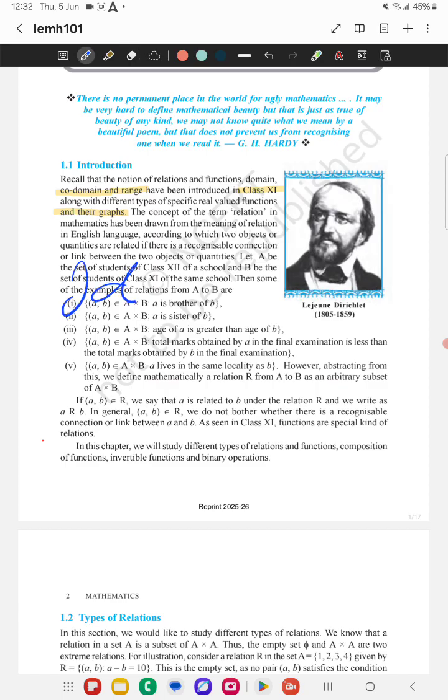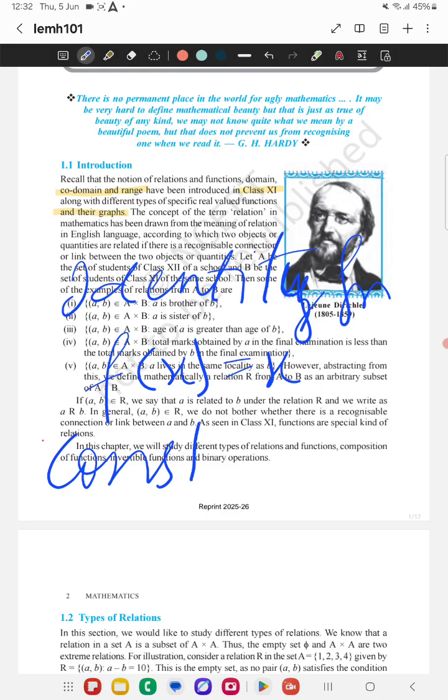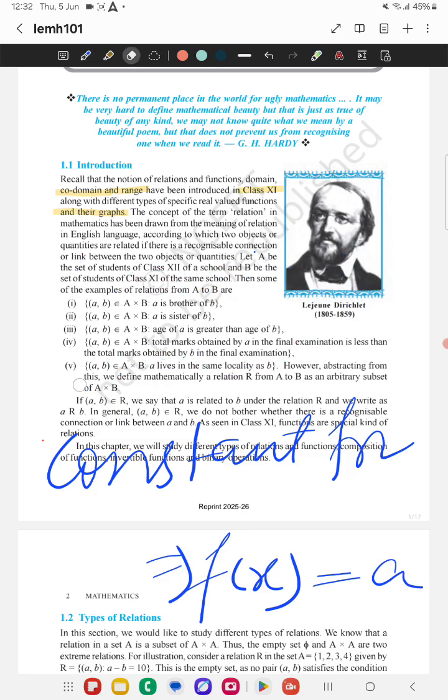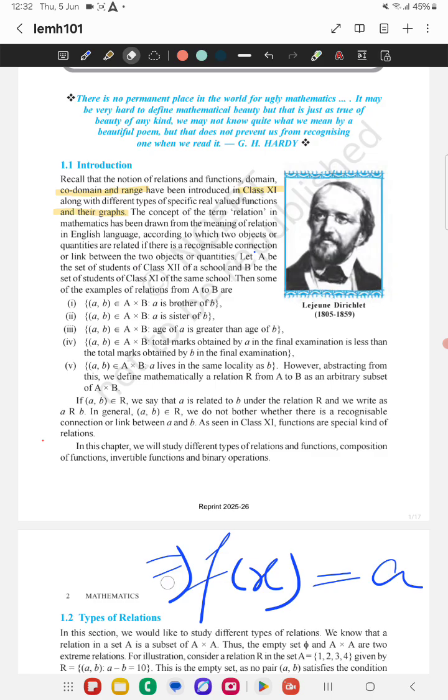The identity function was f(x) = x. And the constant function was f(x) = a or c. So you can go through the class 11th book for revising the different types of functions and their graphs.